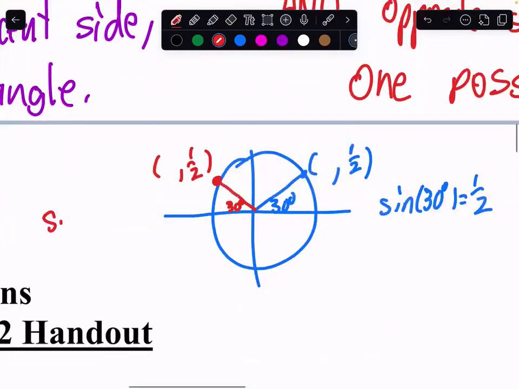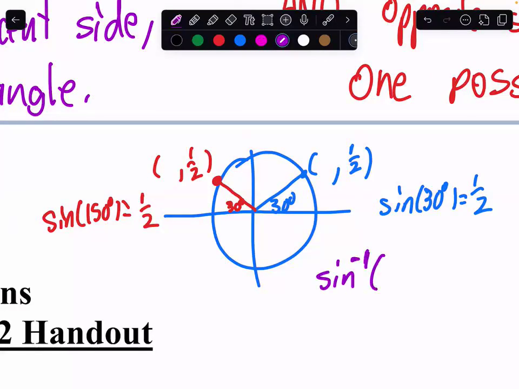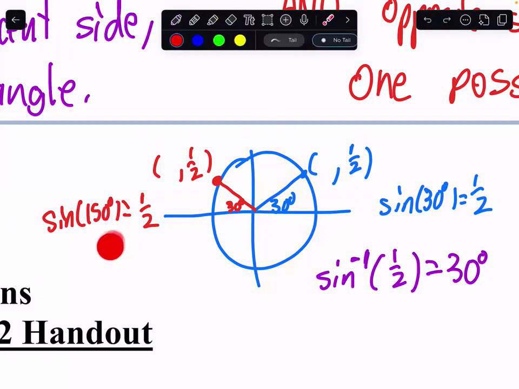So the sine of 150 degrees also equals 1/2. Now when we type into our calculator inverse sine of 1/2, it'll only tell us the 30-degree answer because it's following the domain restriction. But we know that 150 degrees was also a valid answer in quadrant 2. So like Matisse said, you would always do 180 minus the calculator's answer to find the quadrant 2 answer.